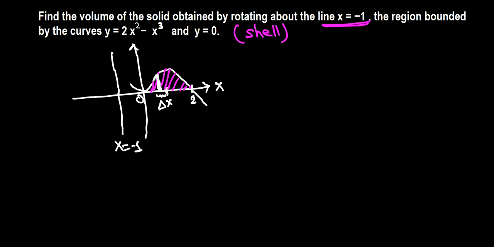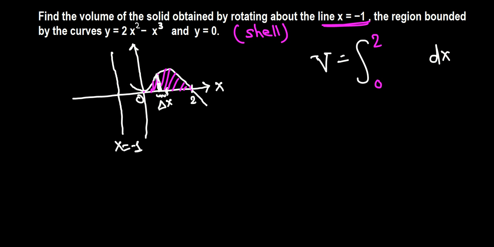This delta x suggests the volume formula will be in terms of dx, and this sample rectangle could be taken anywhere between 0 and 2, starting here all the way to 2. So the limits are 0 to 2.